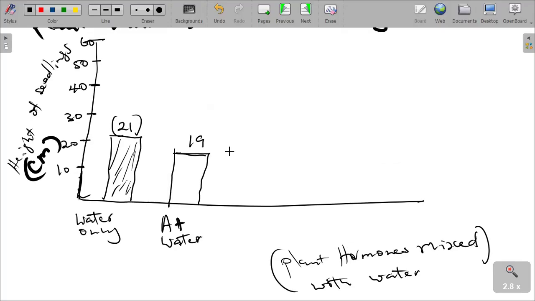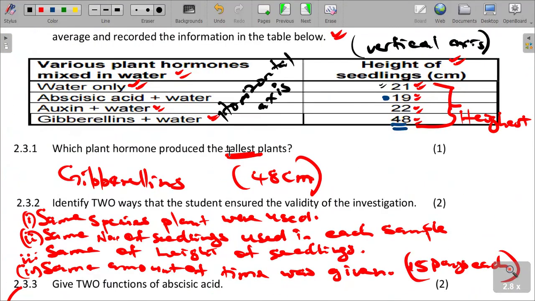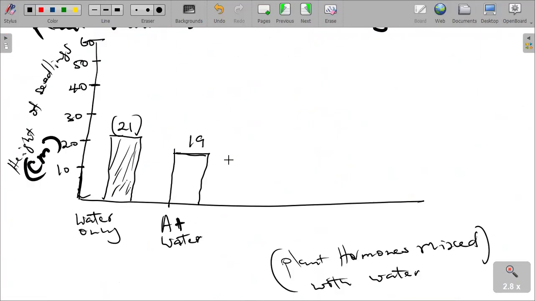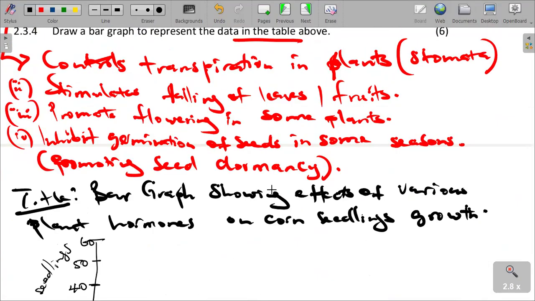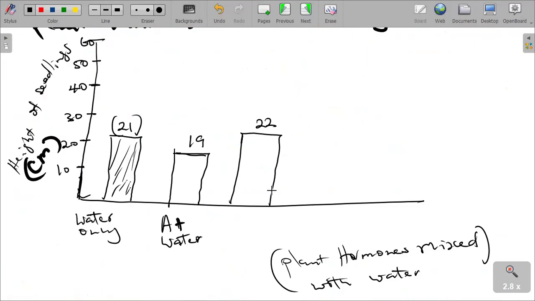Then for the next bar, it is 22, which is oxygen and water.